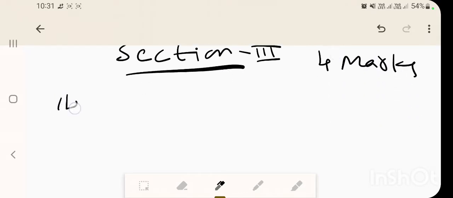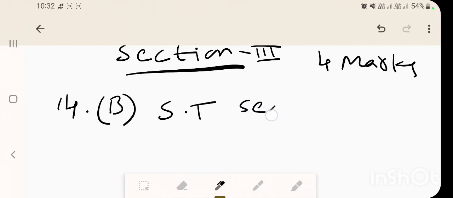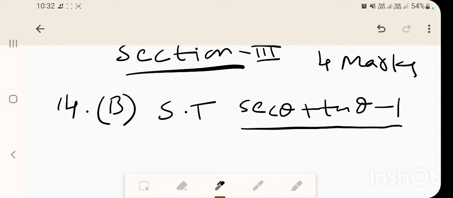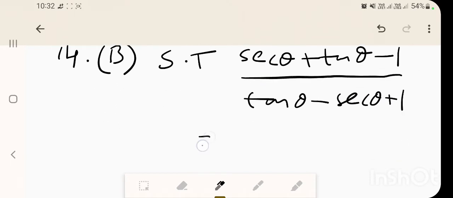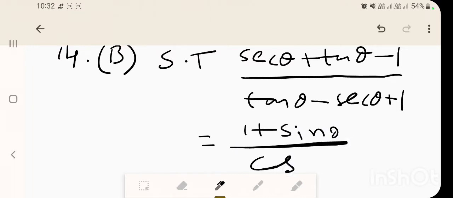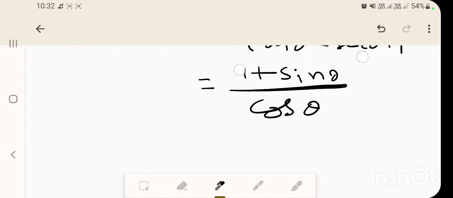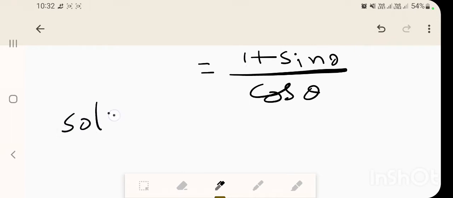They have asked problem number 14 B. They have asked to show that secant theta plus tan theta minus 1 divided by tan theta minus secant theta plus 1 is equal to 1 plus sin theta divided by cos theta. That is what they are asking us to prove.